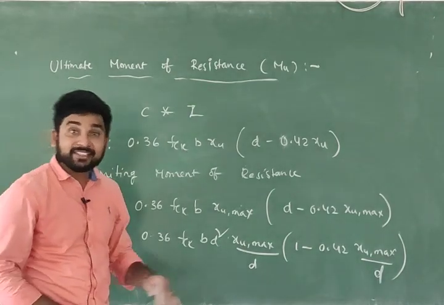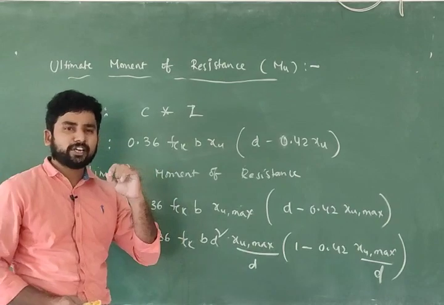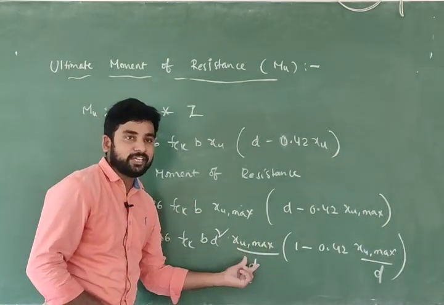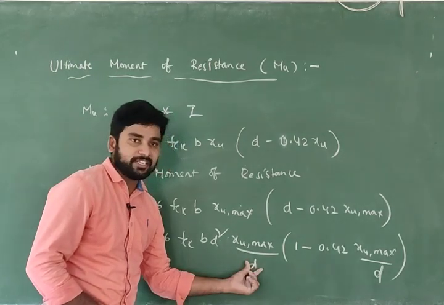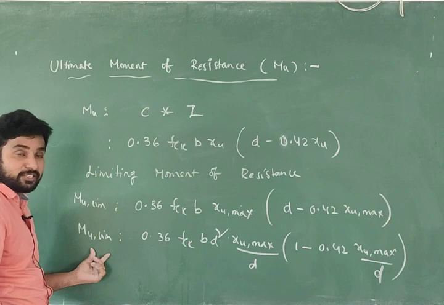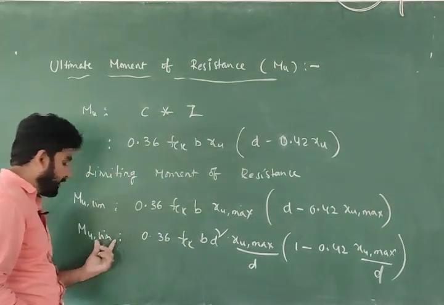So the limiting moment of resistance also depends upon the grade of steel, because if you substitute for Fe 250 grade 0.53, you will get one value of ultimate limiting moment of resistance. If you substitute 0.48, you will get a different value.